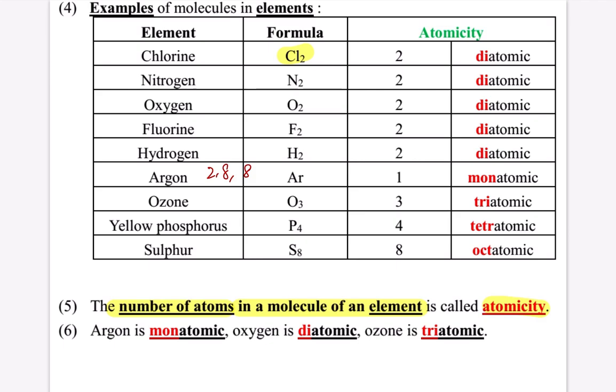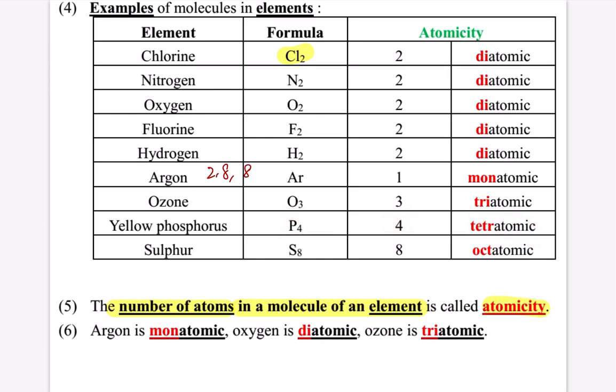So for ozone, O3 is another form of oxygen because there are only oxygen atoms here, but it has 3 atoms in one molecule. It is triatomic. Alright? And then phosphorus is P4, 4 atoms inside. So it is tetraatomic.